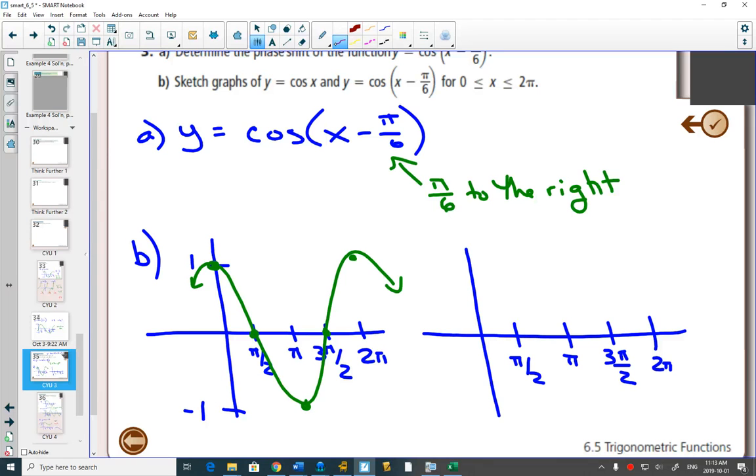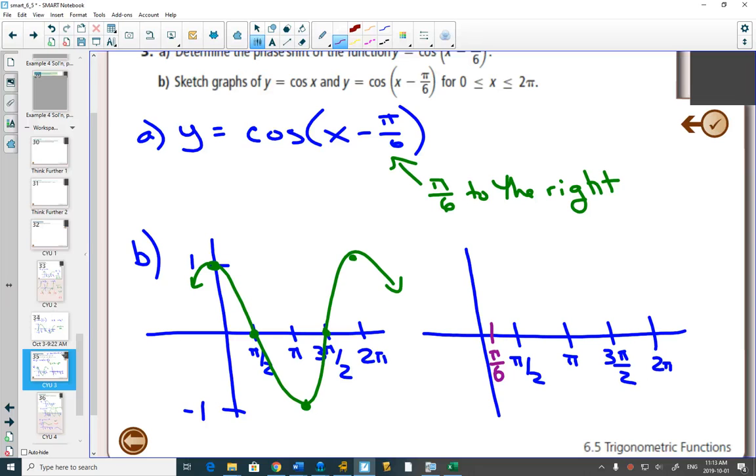First of all, in what quadrant is pi over 6? Quadrant 1, so it should be somewhere in here. You could think of your unit circle. Pi over 6 is 30 degrees. Pi over 2 is 90 degrees. Does it make sense to do a third for pi over 6? Can you see if you multiplied pi over 2 by a third, you would get pi over 6.